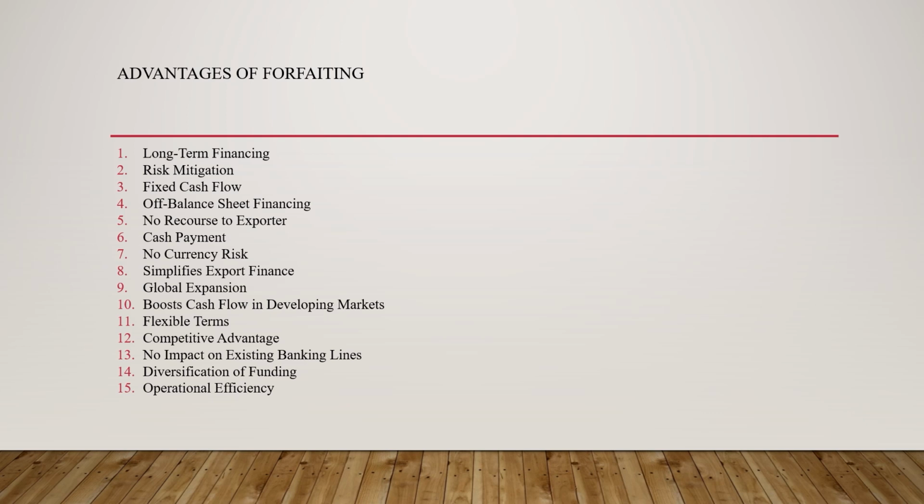Thus, this shields the exporter from potential fluctuations in exchange rates and provides the facility of no currency risk. Forfeiting simplifies export finance since it eliminates the need for complex credit insurance guarantees or letters of credit. Further, forfeiting enables global expansion, thus enabling businesses to explore new international markets without the concerns of payment delays or credit risks, as these are managed by the forfeiting institution.